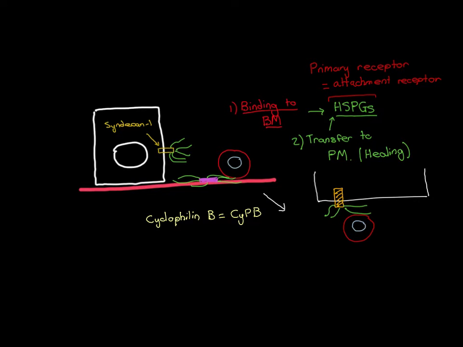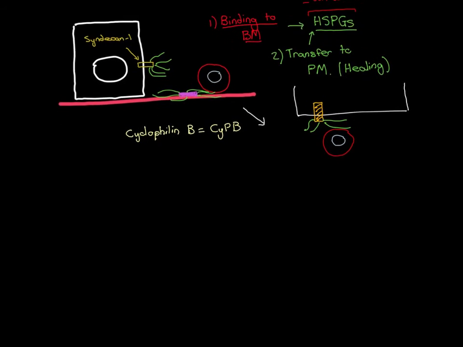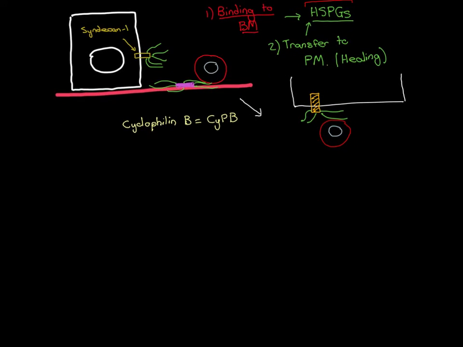So cyclophilin B is an example of an enzyme known as a peptidyl prolyl isomerase, and I just want to spend a little bit of time explaining what is actually meant by this term. This enzyme is going to catalyze the change in conformation between a peptidyl prolyl bond in a polypeptide.